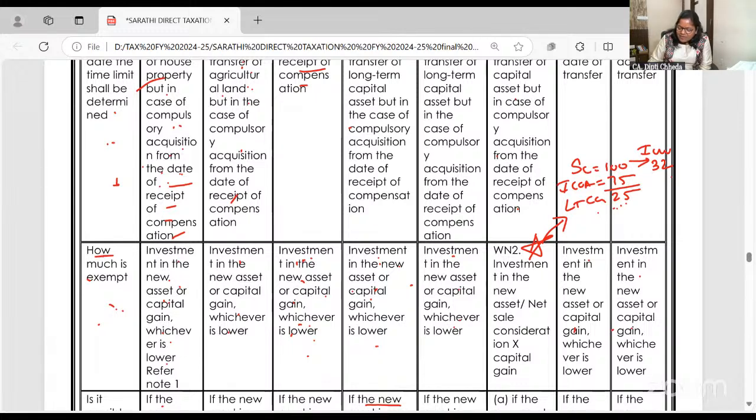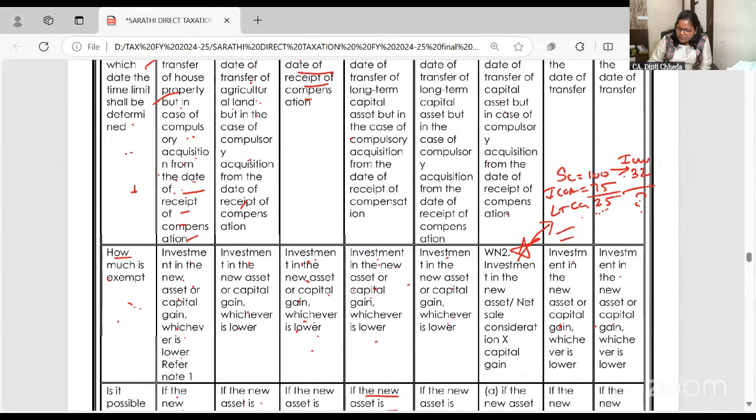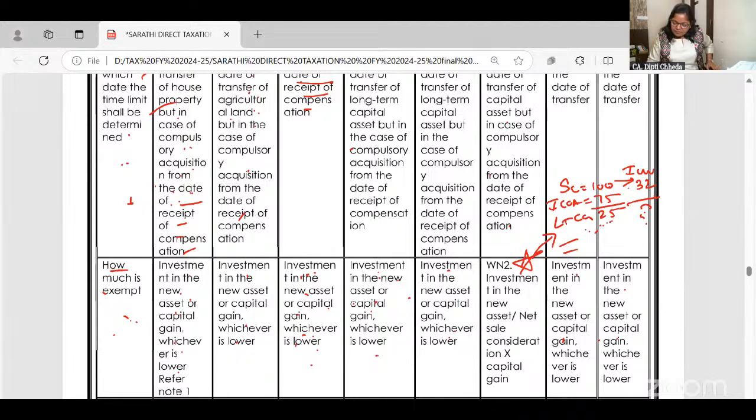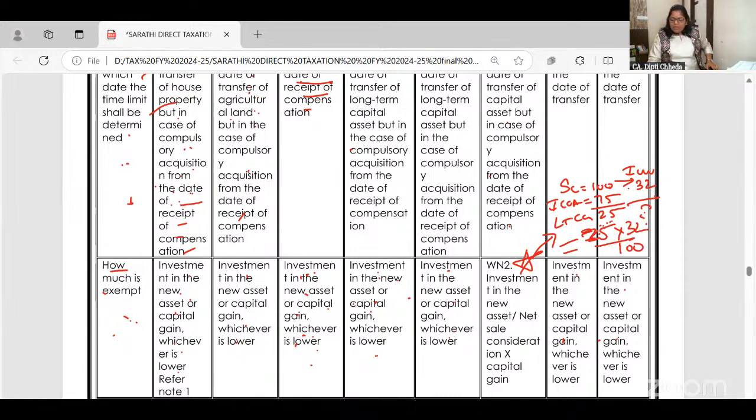So when you have sold the property for 100 and capital gain is 25, and you just invested 32, how much will be exempt? Write down the example. In 100, capital gain is 25.